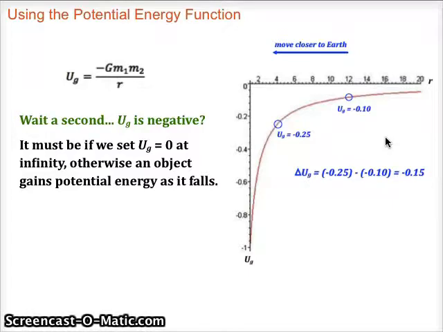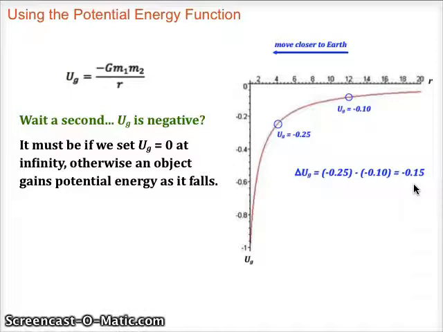If I calculate the change in potential energy as this occurs, I should still take the final value minus the initial. So my final negative 0.25 minus my initial negative 0.1, this comes out to be a negative 0.15. This object loses potential energy as it falls.